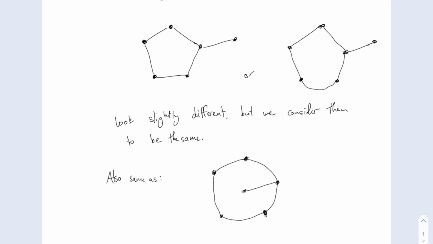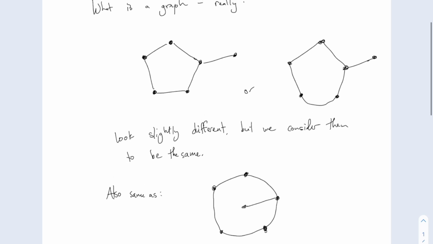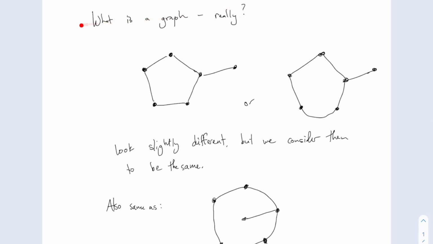Now, when I say all these things, this should make you really wonder, if these are all the same graph, then what is a graph really? If it's not the picture, what I'm trying to tell you is you can draw the picture in many different ways, but they all represent the same graph. So what is the true nature of the graph if not the picture?